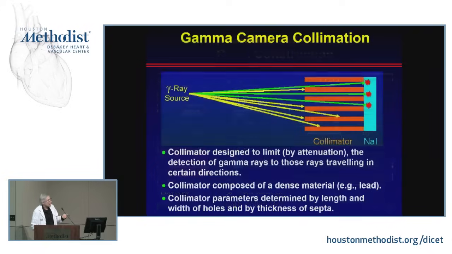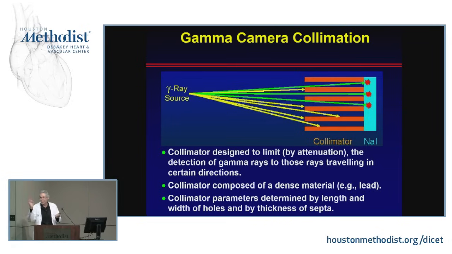Okay? And the most important thing about gamma cameras is actually the collimator, because the collimator is what allows photons from the source to actually hit the crystal. Okay? And so in a general nuclear cardiology study, 99.9% of emitted radiation never gets to the crystal. It's emitted, but it never gets to the crystal because it's stopped by the collimator.